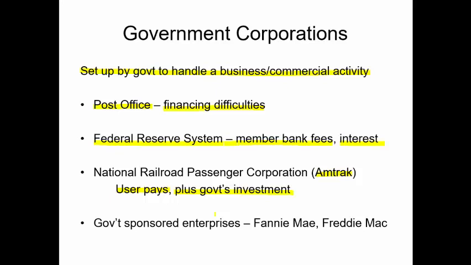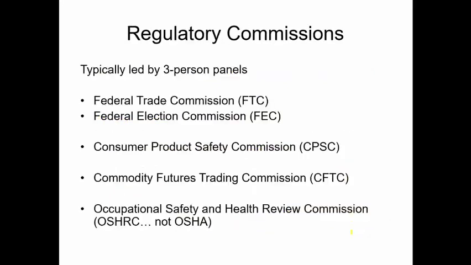Not quite so much in America because of our general attitude towards spending money on public goods such as this. So it will remain controversial for a long time. And then there are other government-sponsored enterprises like Fannie Mae and Freddie Mac, which are financial institutions that provide loans for people, particularly low-income people, to get into houses. So those are some examples of government corporations.